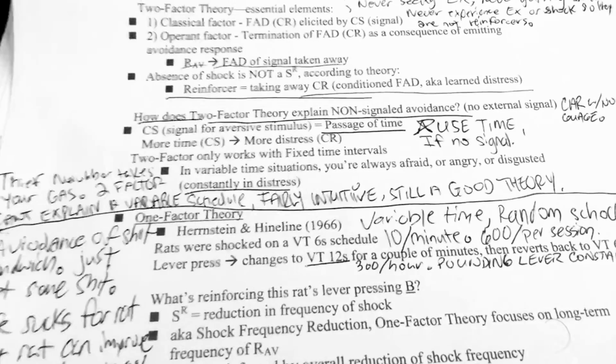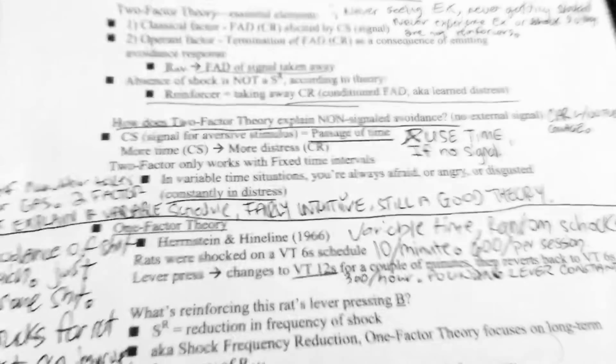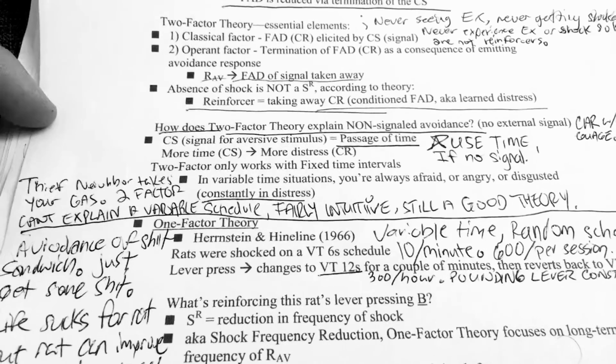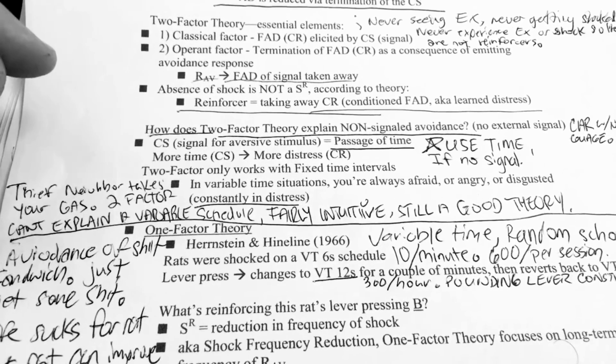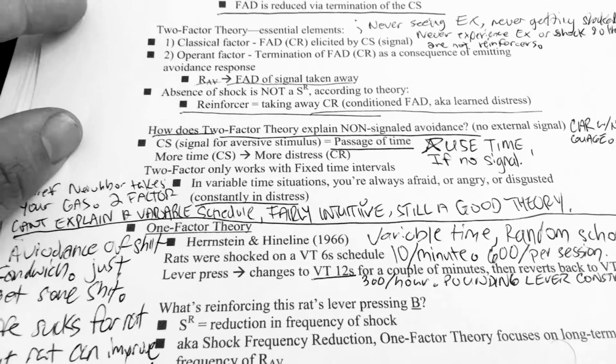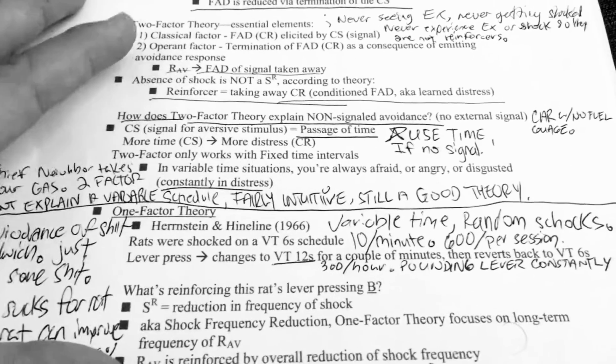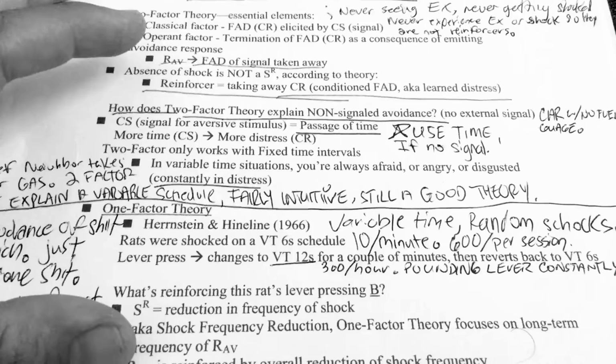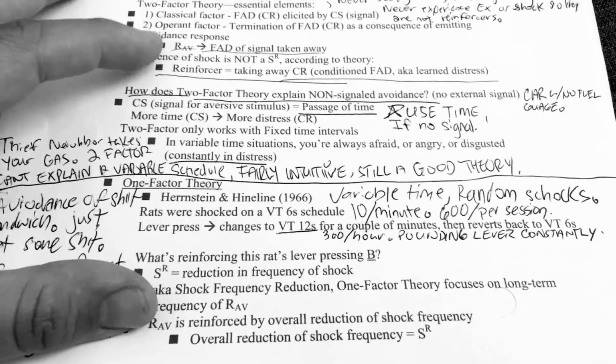But it also doesn't explain what happens if there's a thief taking your fuel and your gas. The two-factor theory can't really explain how to deal with such a behavior, because that's a variable that's inconsistent.